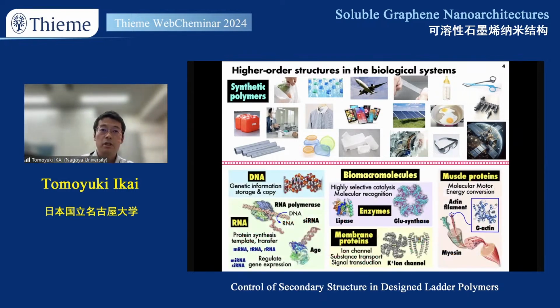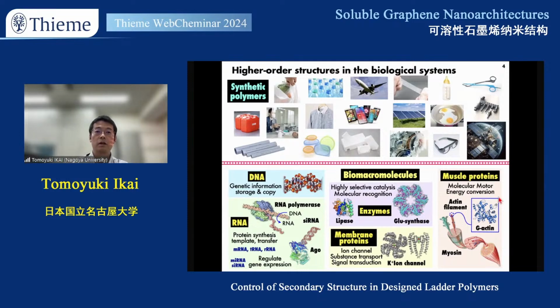Due to such unique higher order structures, DNA and proteins show sophisticated functions such as genetic information, highly selective catalysis, mass transport, molecular motors, and energy conversion.